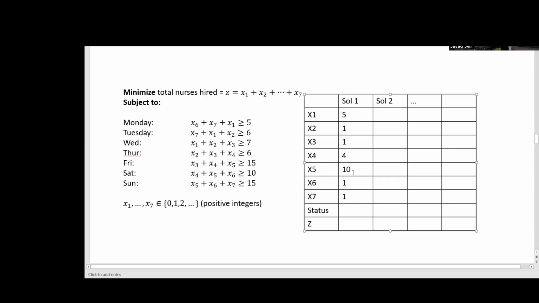And if I hire 10, I have 14 here, 1 extra, so don't hire anyone here. And then for Sunday, I have 10, and I probably need 5 here. So that is feasible. And the status is feasible. These are the total number of people I hired: 7, 11, 21, 26.